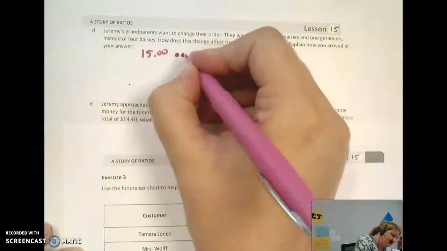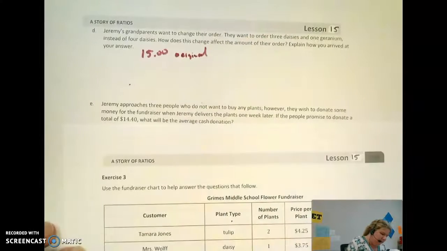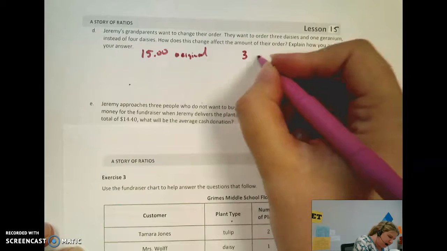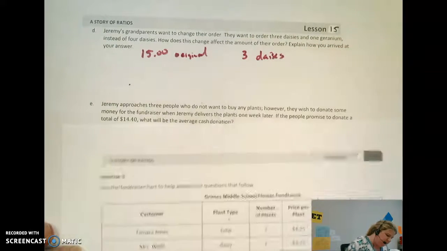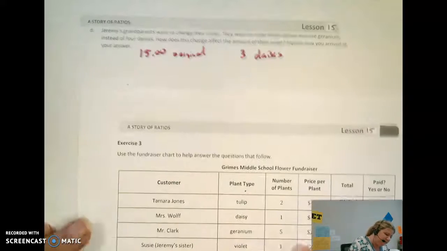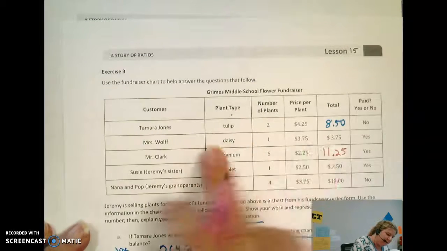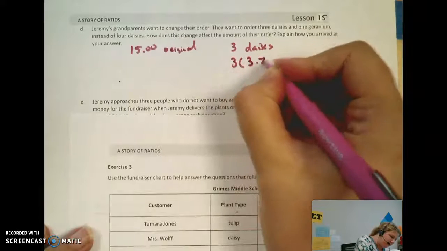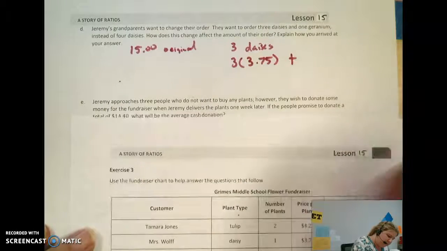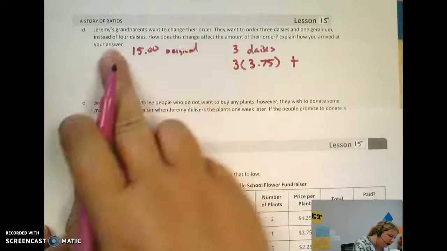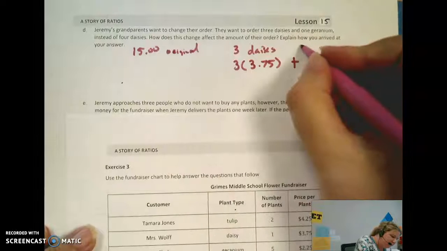So this is their original, and they want 3 daisies. So let's see, 1 daisy is $3.75. And I got that by looking at the information. So they're going to get 3 of those. Plus, they also want, what do they want? 1 geranium.